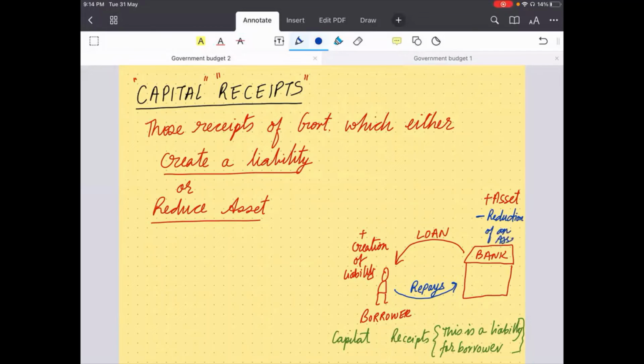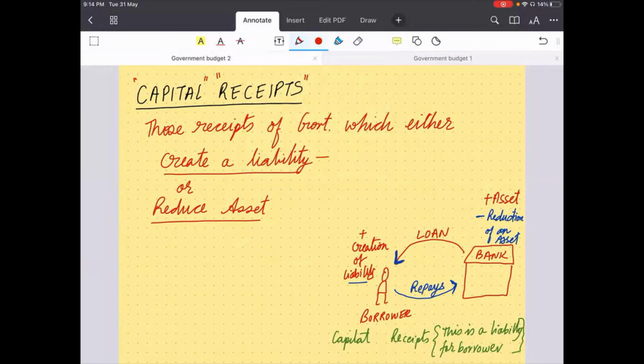So see, receipts are flowing in this direction. First, we have this kind of receipt, and then we have this kind of receipt. This particular receipt calls for creation of a liability, and we see it from the borrower's point of view because he's receiving. And when we see the second receiver, which is the bank, this becomes a reduction in asset. The same analogy can be drawn here.